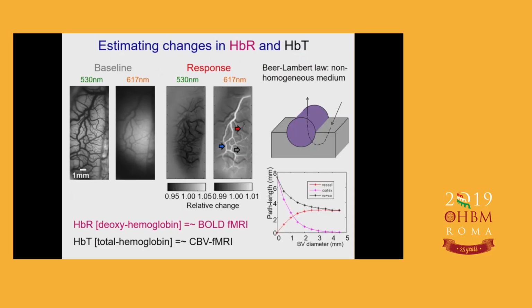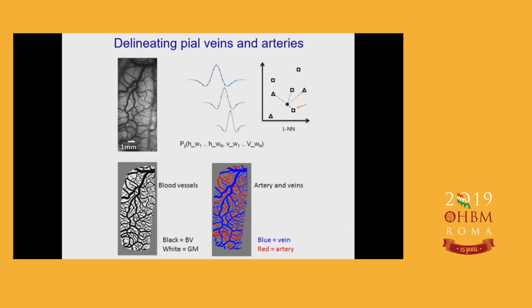So with optical imaging, we can see here the cat area 18 cortex. The dark curves are pial blood vessels, imaged with 530 nanometer and 617 nanometer light. We obtain this way changes in deoxyhemoglobin content and in total hemoglobin that represent BOLD and cerebral blood volume functional MRI.